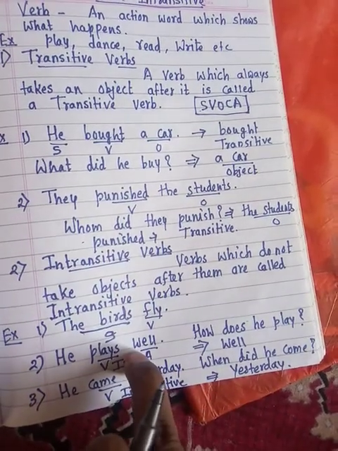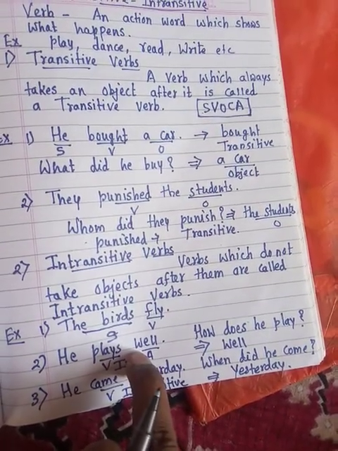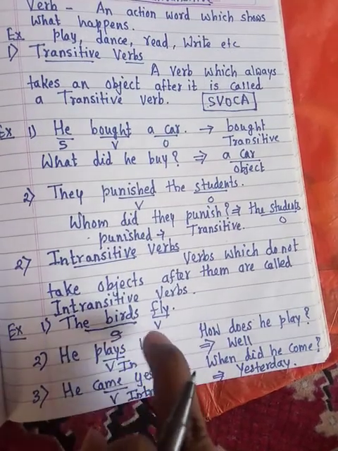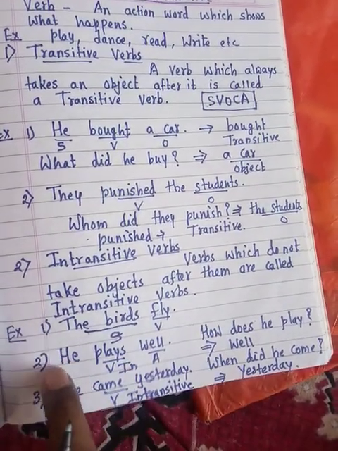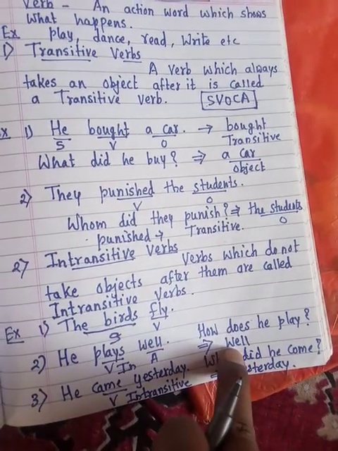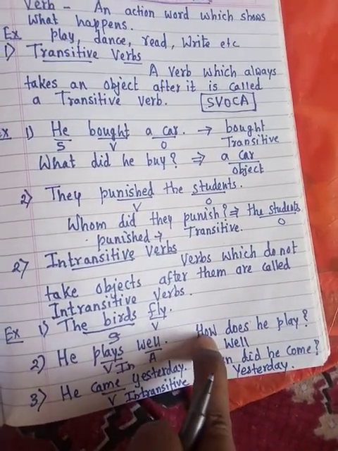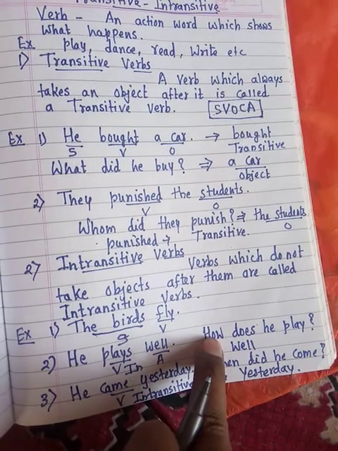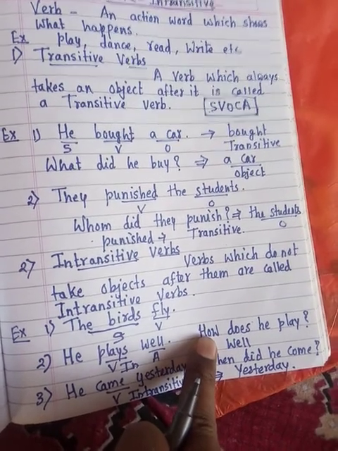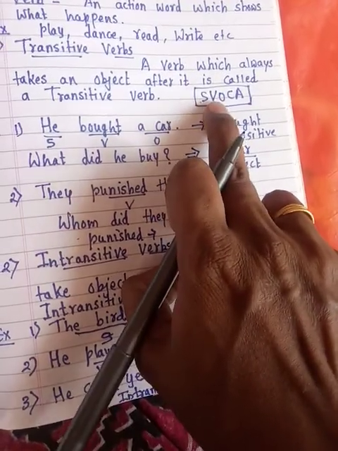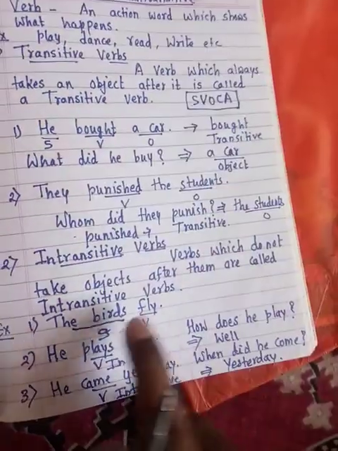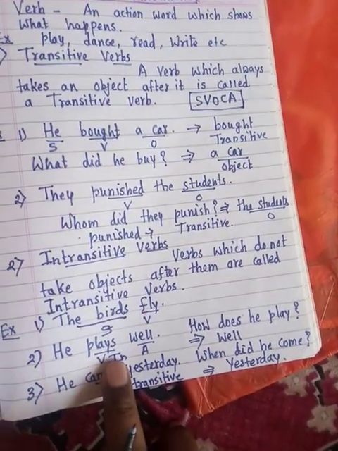Now for getting well as an answer, you can't prepare a question with what, who, or whom. You have to prepare the question with how. How does he play? Then the answer will be well. So the question is prepared with how, not with what, who, or whom. That means it is an adverb. This pattern is subject, verb, adverb. So that means plays is an intransitive verb.